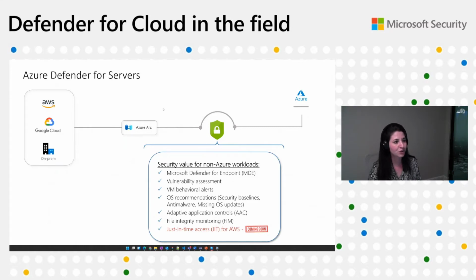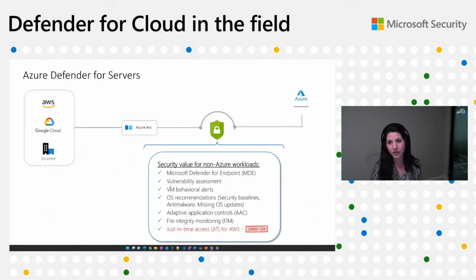And this bridge of Azure Arc is what we are working to automate with one single click of the Arc onboarding. Once the machines are connected to Arc, all of these content items will be available for these Arc connected machines.